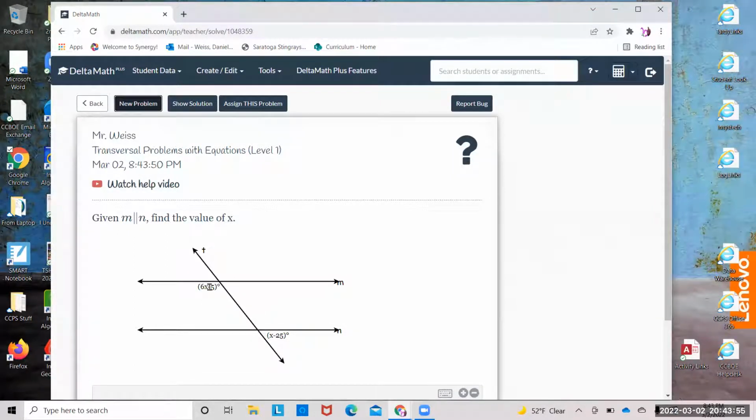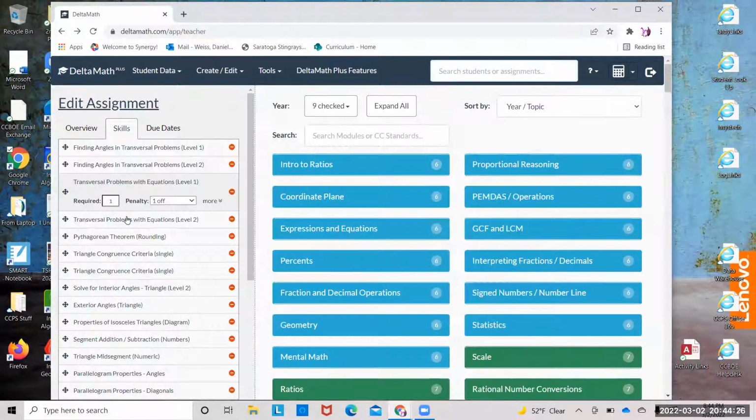If this is 6x minus 5, then this one here is 6x minus 5 because of alternate interior angles. So these two add up to 180. 6x minus 5 plus x minus 25 equals 180. Same thing here. These two are vertical angles. They're equal. 2x minus 24 equals x plus 5. Solve for x. Next.